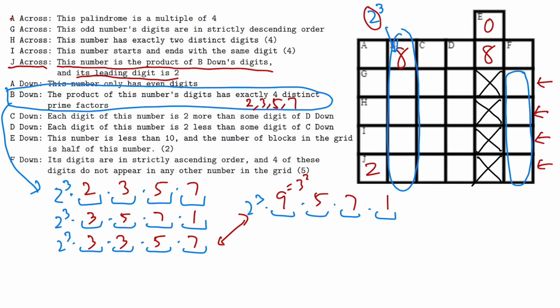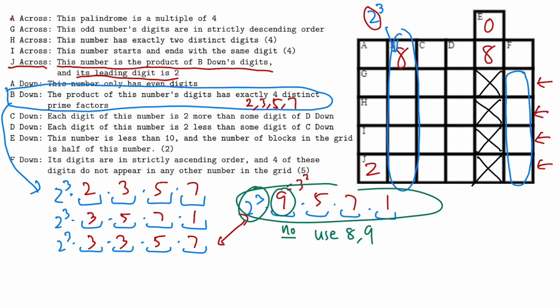And let's keep track of how many digits we have. So I will put this down right here. In fact, this right here is a no, because here we will be using 8, and then the digits 9, and then 5, 7, 1.